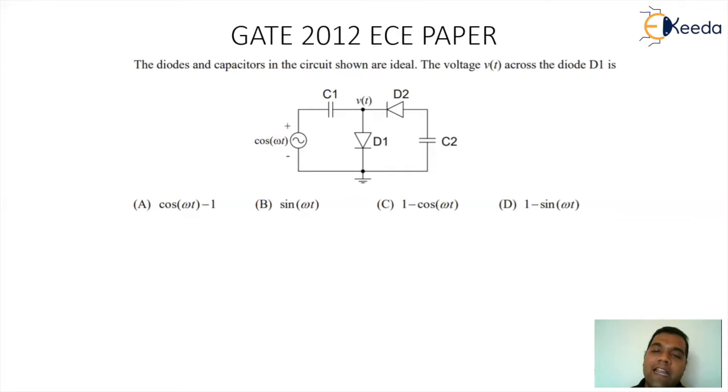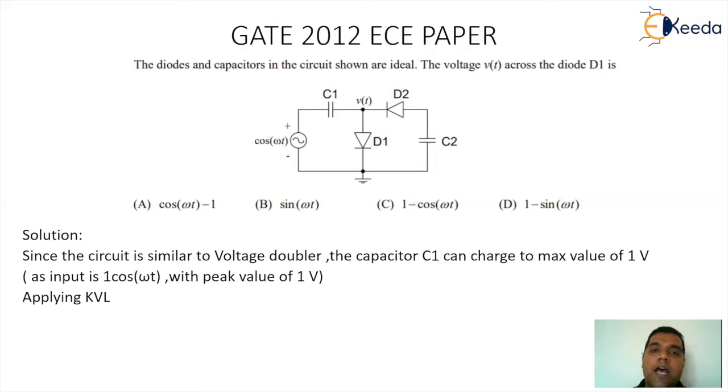So C1 will actually charge to the peak value of the input signal. Since the input signal is cos omega t, the peak value of that signal will be 1. So eventually the capacitor C1 will charge to a value of 1 volt.